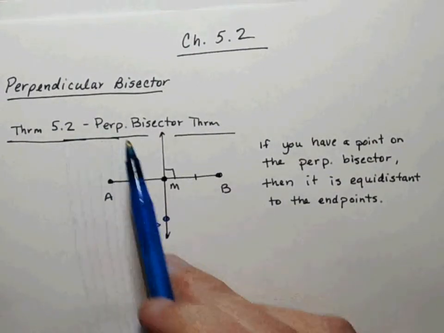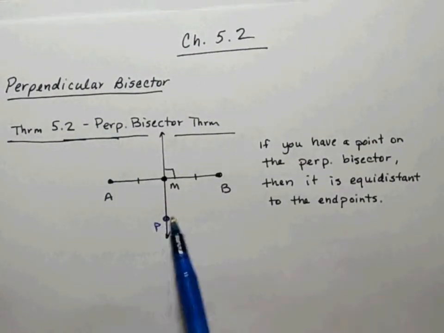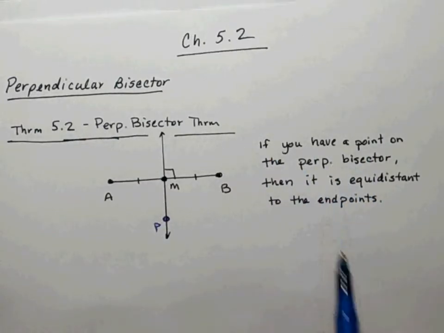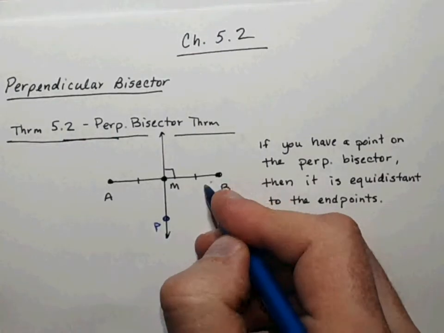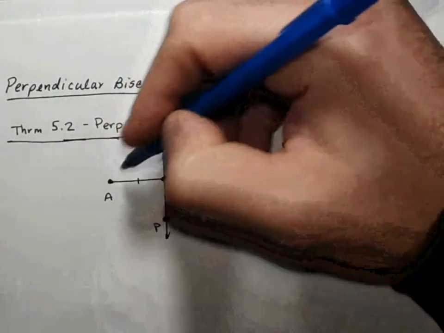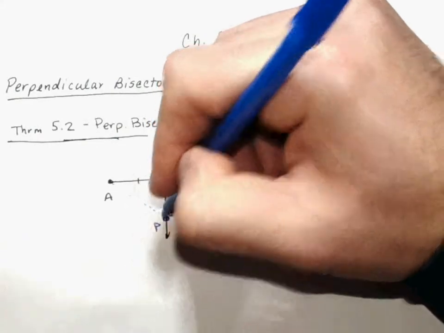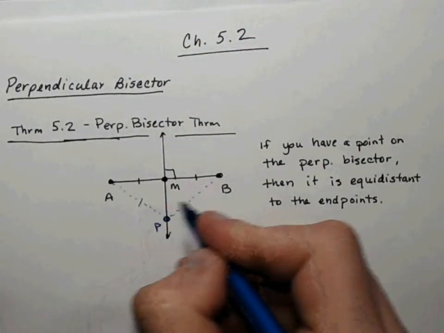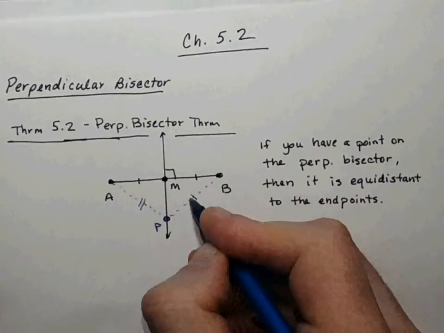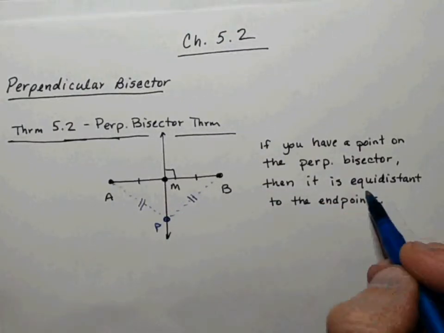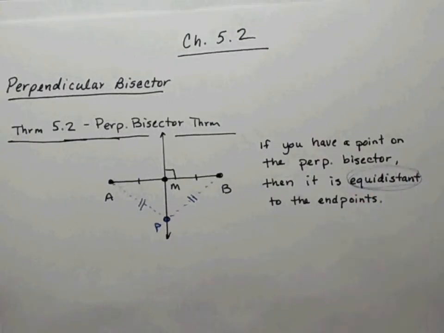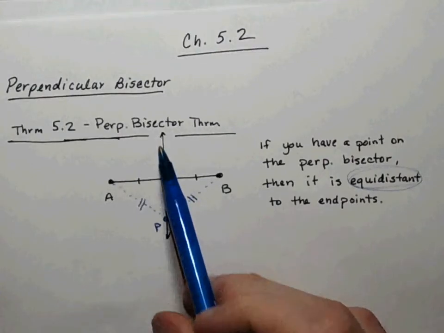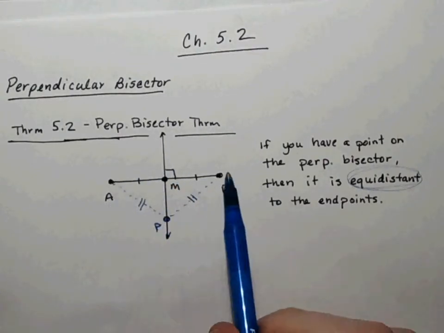According to Theorem 5.2, if I have this point P that is on the perpendicular bisector, then the distance from P to B and the distance from P to A are the same. They are equidistant. They have to be, because any point on this line is the same distance from point A as it is from point B.